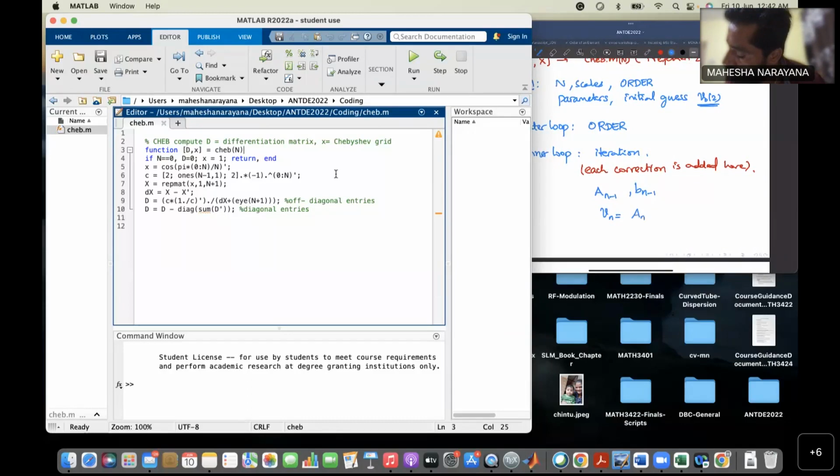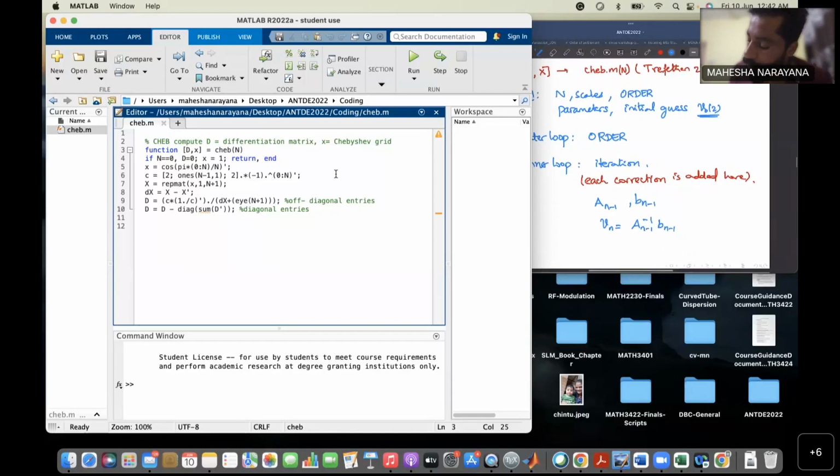So yeah, so this is all what you need in order to code this simple problem. So now let's get started with the new script.